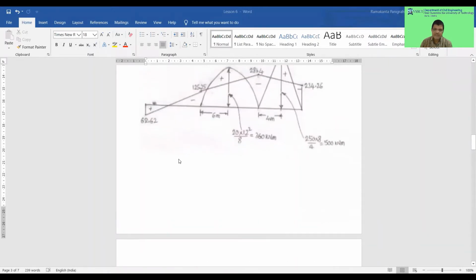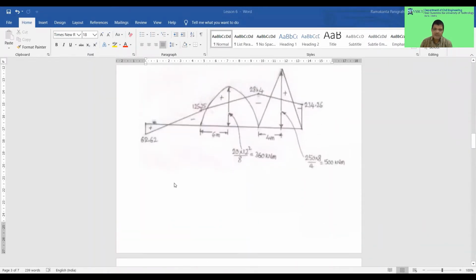Let me explain here. This is the span A, B, C, D. So A, then B, then C, then D.